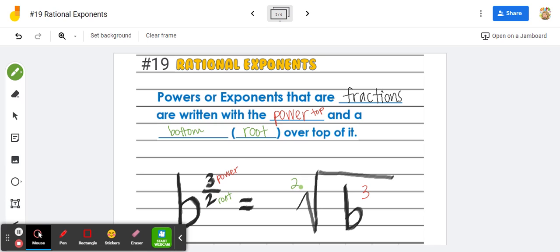Now the cool thing about this, guys, is the lowest possible root you can have is a 2. So because of this, mathematicians will not write the 2 in front of the root symbol, because that is the lowest possible root you can actually take of something. So note that you don't have to write the 2 there, but you're more than welcome to if you'd like.